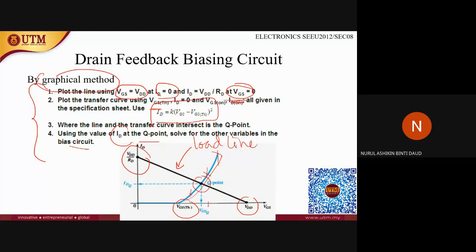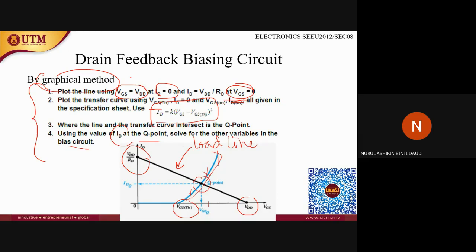Usually, whether it is a drain feedback biasing or voltage divider biasing circuit, the graphical method is always the simplest method compared to the mathematical methods. But it depends.